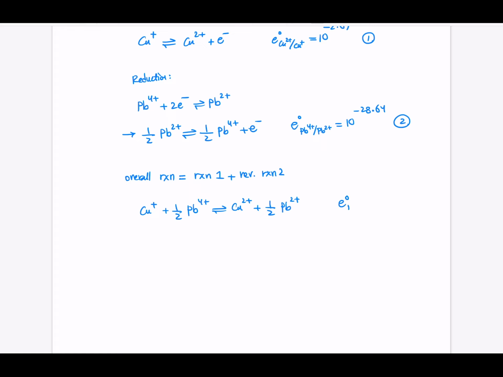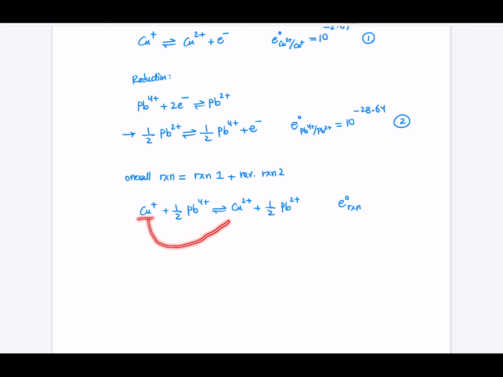And this would be the PE0 of the reaction. Just to double check, the overall reaction says whether copper can reduce Pb4 plus.